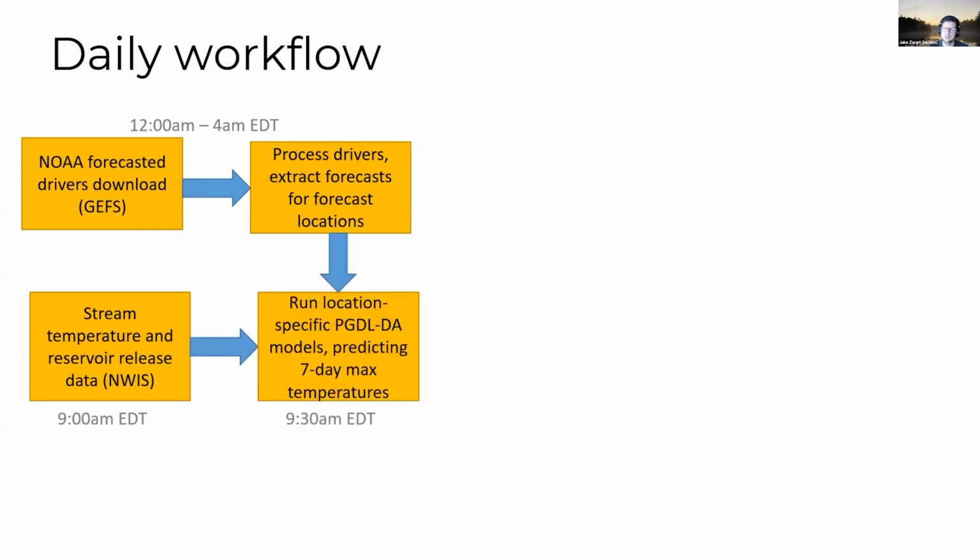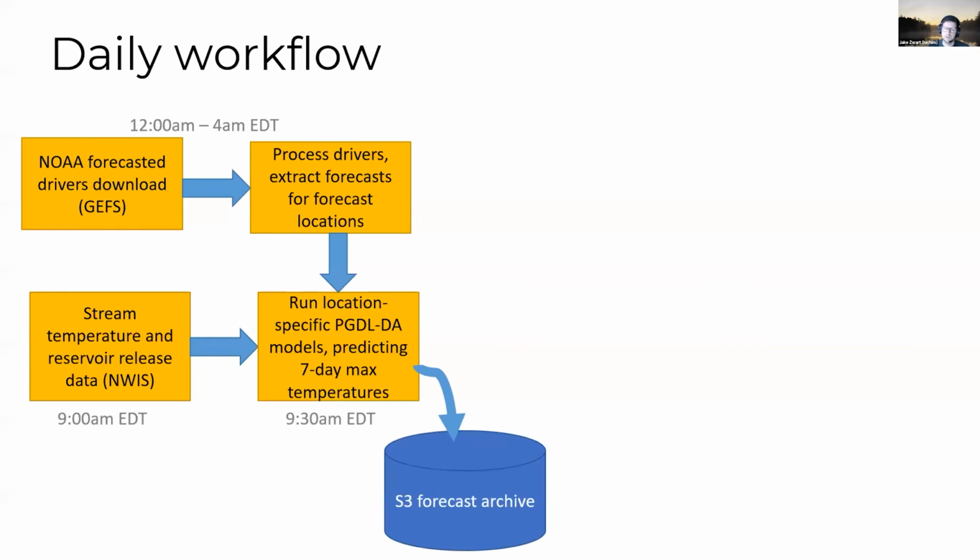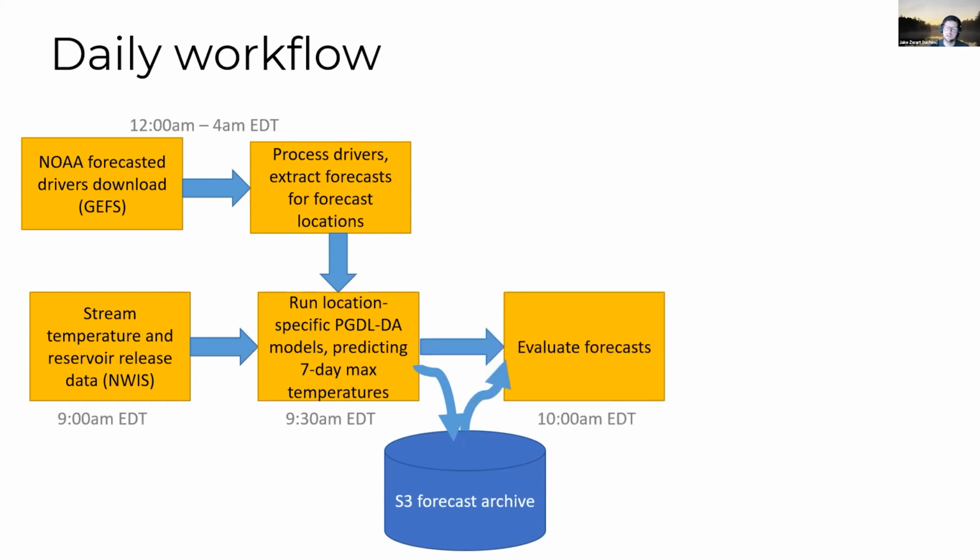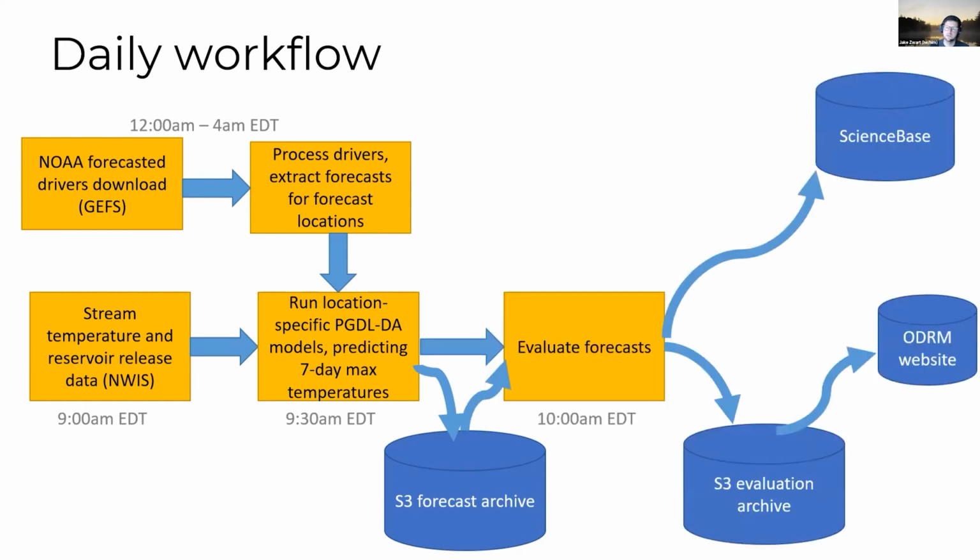And then we assimilate these observations into our model. We then use these data to generate forecasts with our model, which happens at about 9:30 a.m. every morning. And these forecasts are archived, summarized, and then sent to a bunch of different places, including the reservoir operators, but also a public website so that anyone interested in seeing what the stream temperature forecasts are for that day can visit that website and see what's happening.